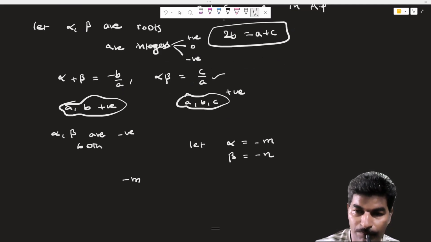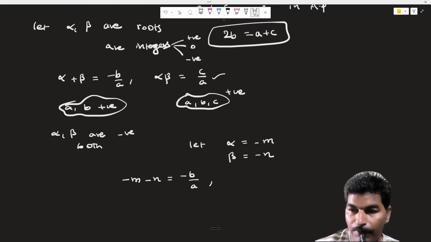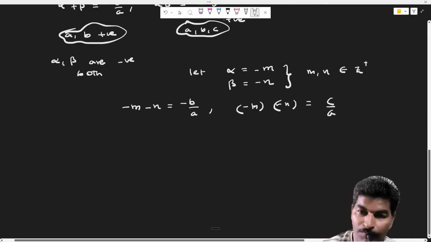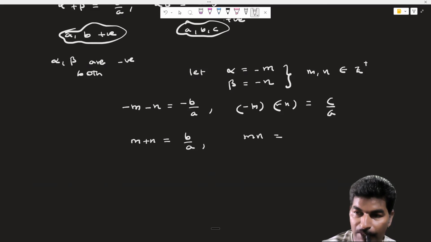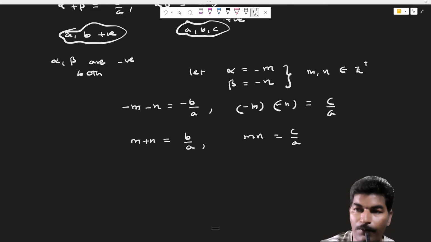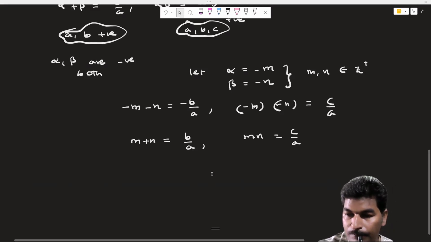Then minus m minus n is equal to the sum of the roots, minus b by a, and the product of the roots, minus m times minus n, is c by a. So finally, m plus n is equal to b by a and mn is equal to c by a. Got it?